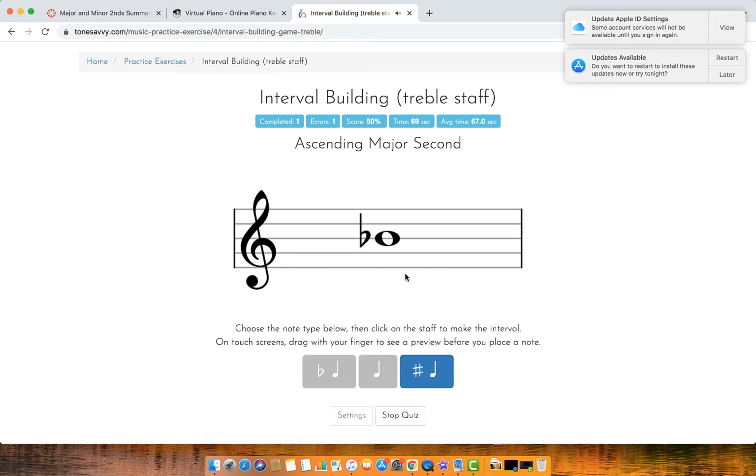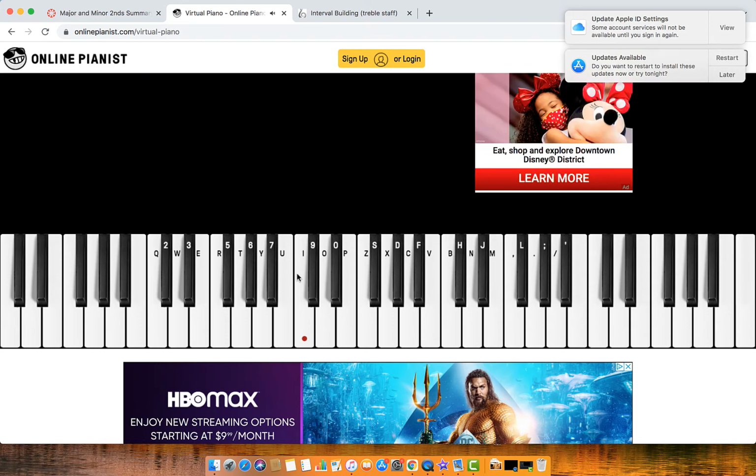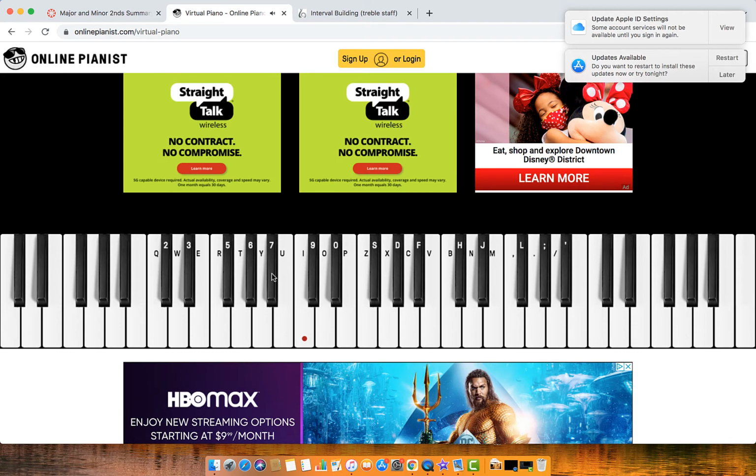There's our major second. Major second above B flat. Let's look at a B flat. And again, you can find any B flat. It doesn't matter if it's this B flat or this B flat. Right now, we just want to see the distance. So I'm just going to do this one. Major second above B flat. Going above, a major second is a whole step.